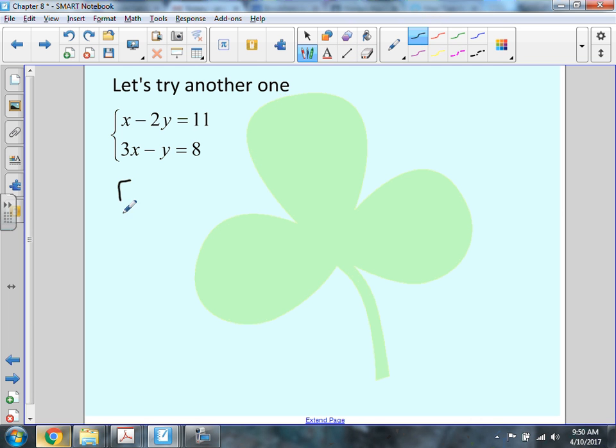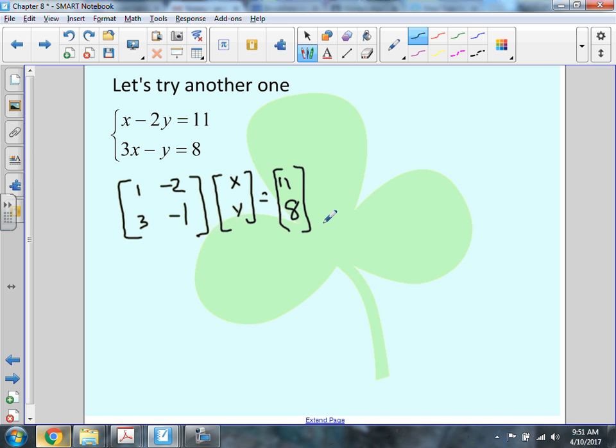So I'm going to set up my matrix. That's AX equals B. I'm going to find A inverse. So it's 1 over the determinant.